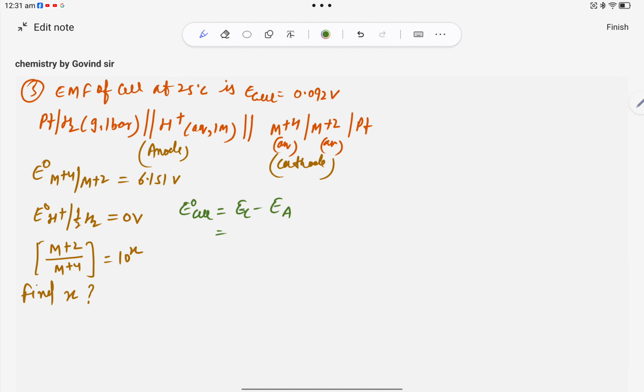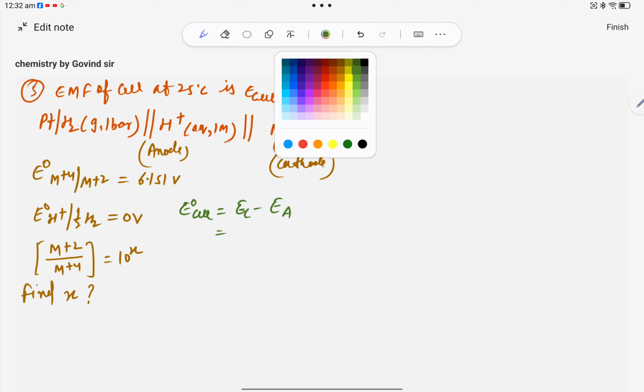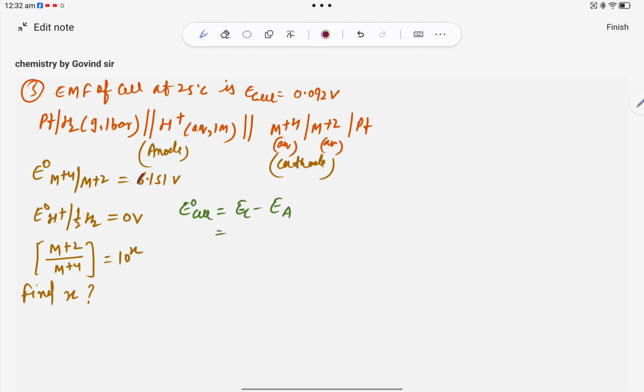That value is not 6, children, it is 0.0. So that is your anode, and reduction potential of the cathode is 0.151, and minus this anode 0, so it is 0.151 volt.